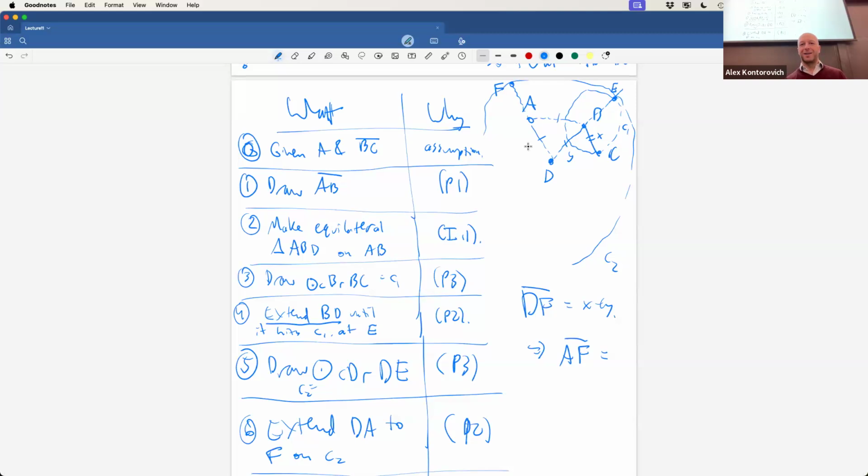This length is y. The total length is x plus y. So AF is x. So F is the point that we wanted. F is the desired point.